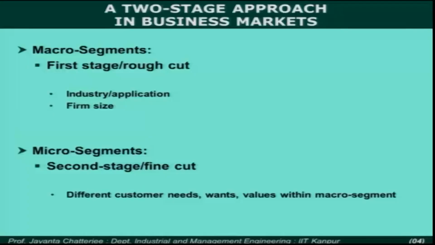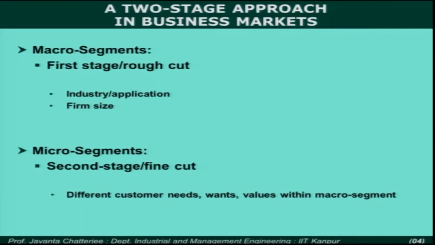So, you can just say, first cut, very high level segmentation. Then you can go to the second stage, which we call micro segmentation, where we go into the details and nitty gritties of customers' needs and wants and values and lifestyles, etc.